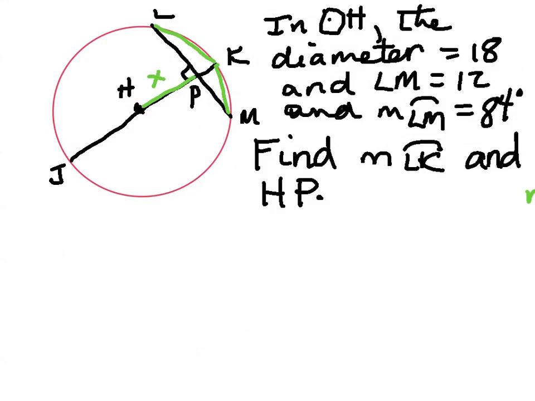So I can label this little piece in black as 9 minus x, because x is all of HP, and 9 minus x is that little piece. And then I also know that because HK or JK, the diameter, bisects LM, the chord, and I know that the chord is 12, this piece is 6 and this piece is 6.